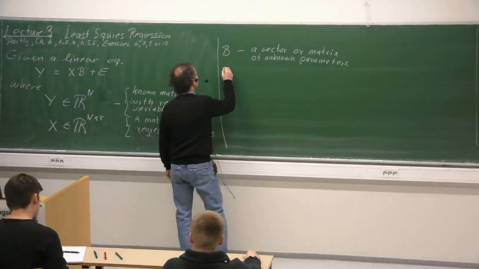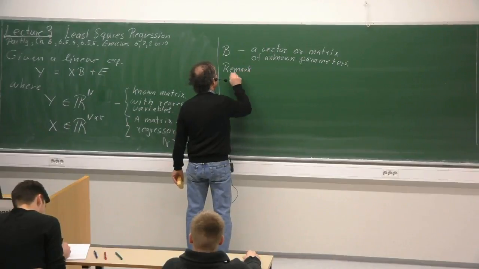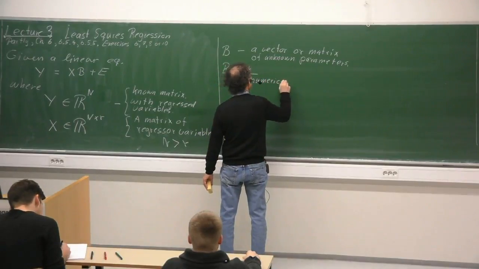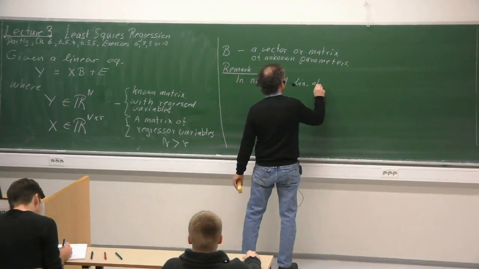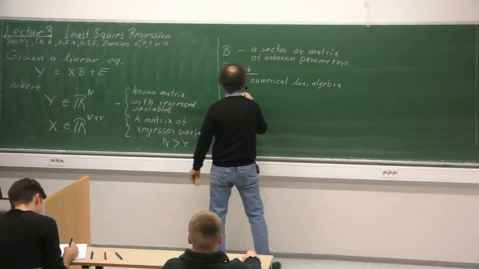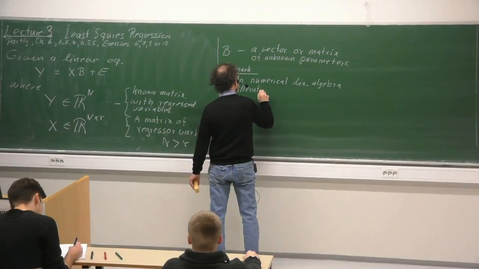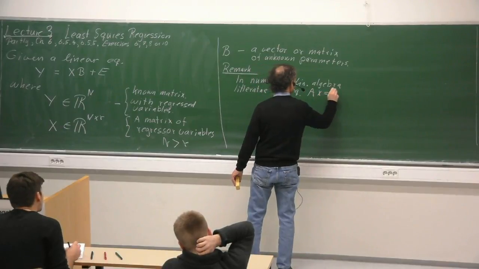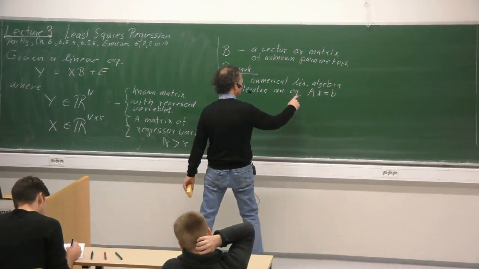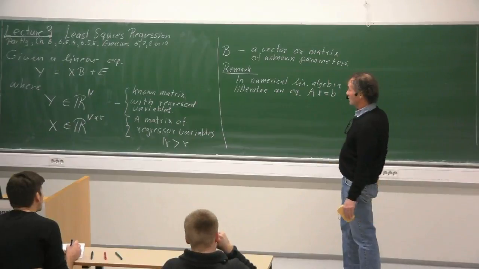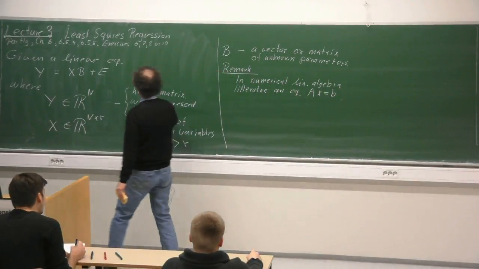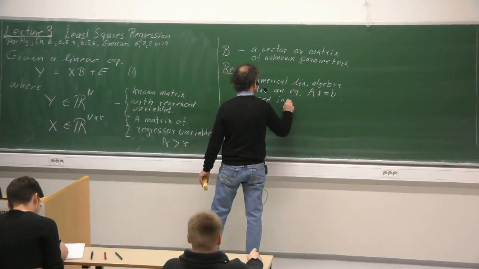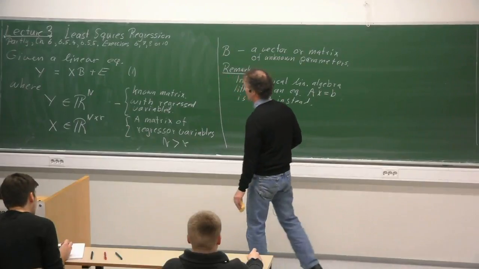So remark: in the numerical algebra literature, the equation AX equal to B is more common to use than the shorter model.